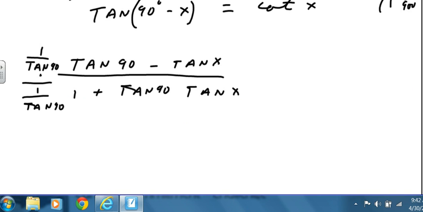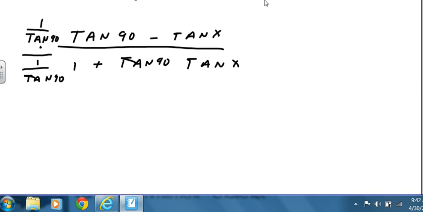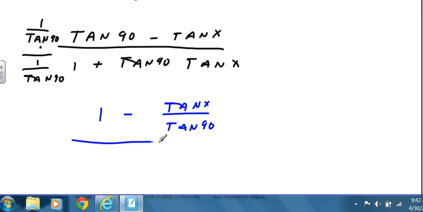All right, so if we do that, we're going to get 1 minus tangent x over tangent 90, divided by 1 over tangent 90 plus tangent x.